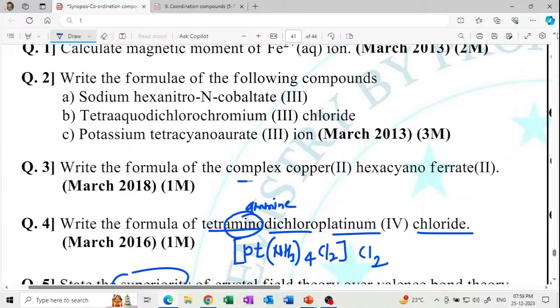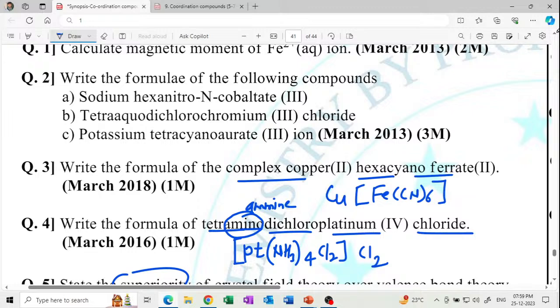पण हे विचारलेत पहा इकडे पण क्वेश्चन. Write the formula of the complex copper(II) hexacyanoferrate. कॉपर टू हेक्सासायनोफेरेट, कॉपर में Cu, आणि हेक्सासायनो, गेट इट, दिस इज Fe, हेक्सासायनो CN6, get it, hexacyanoferrate.